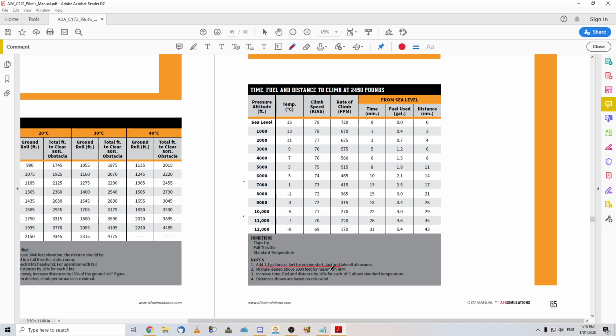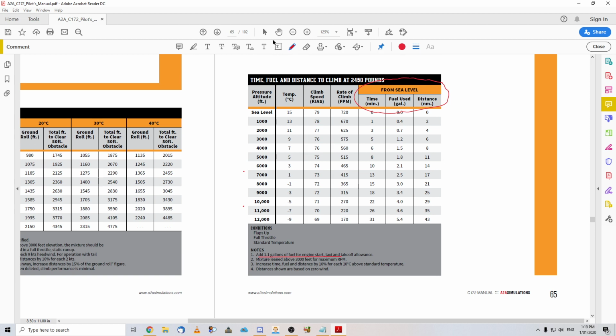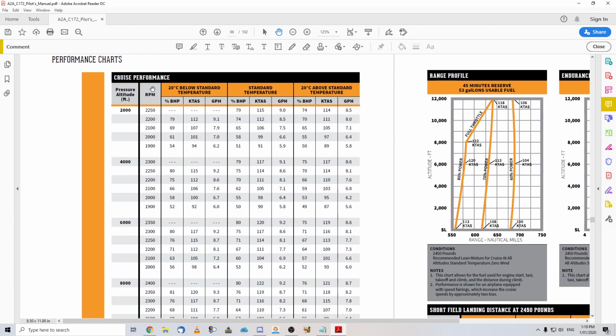Just say 1.1 gallons for engine start, taxi, and takeoff allowance. And then your climb phase, well, this is what this table's all about, and we're only particularly interested in this section here. Okay, so that's all the rest I'll explain to you later. And then your cruise phase, you're looking to use these cruise performance charts.